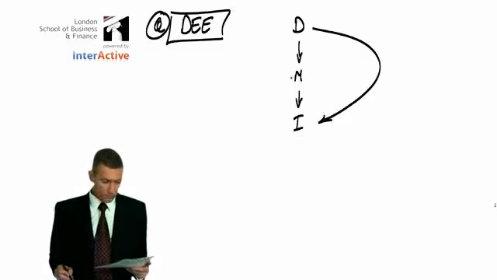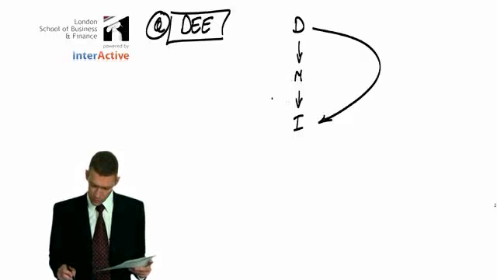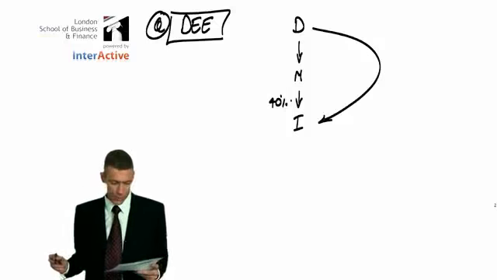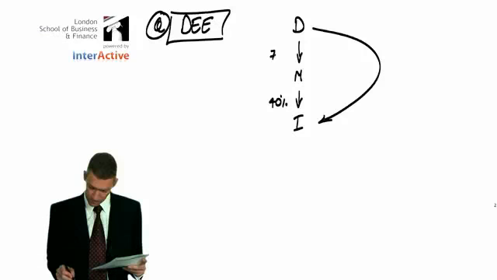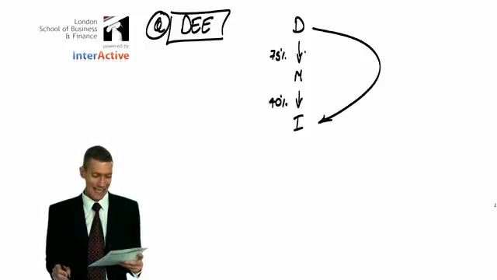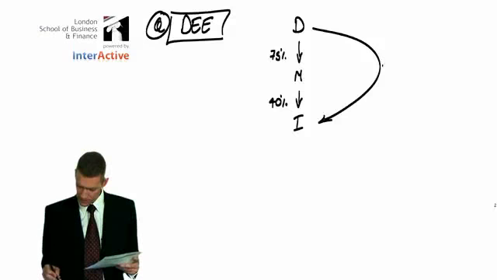So, the first purchase is Mersey buying Irwell to the tune of 40%. And the next purchase is D acquiring M to the tune of 75%, but also acquiring a direct ownership of 25% around the outside.